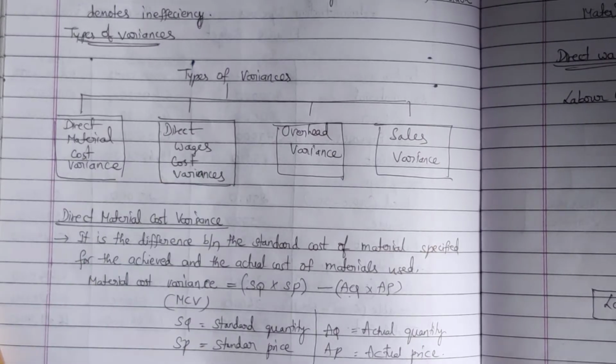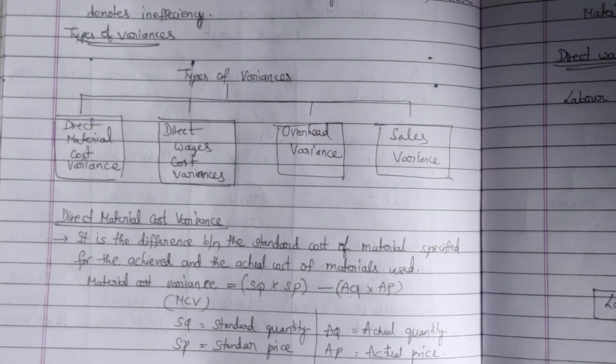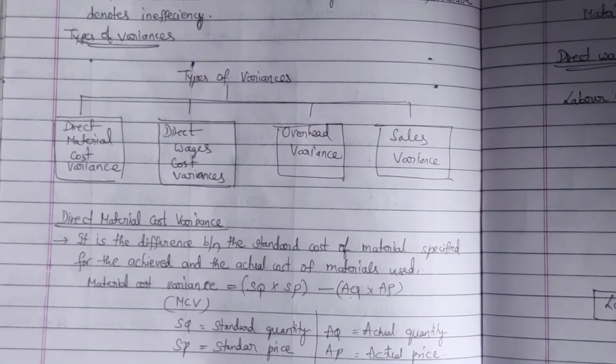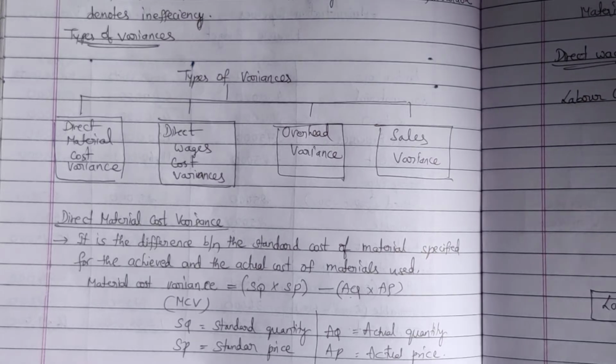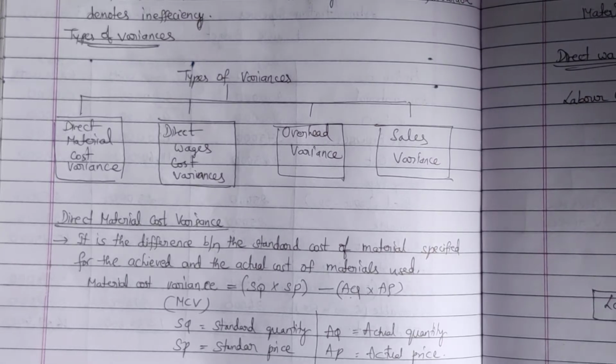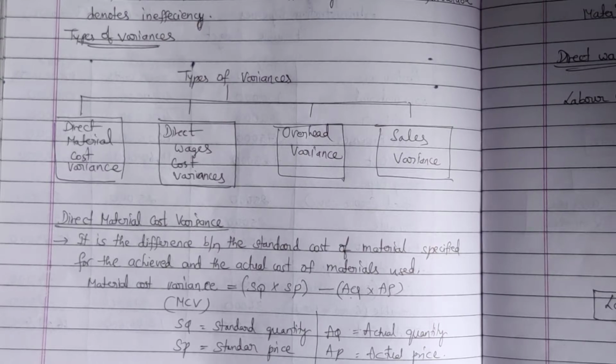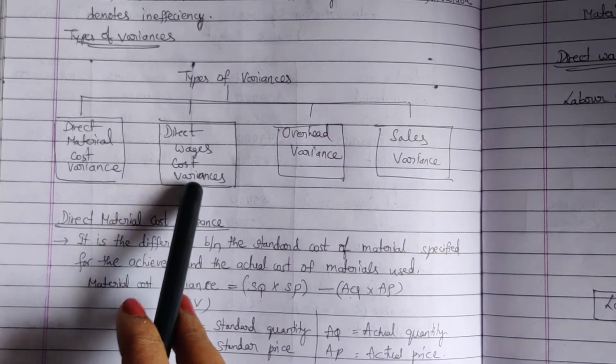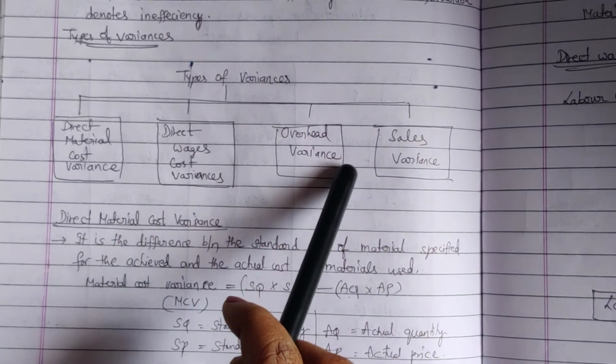And the direct wages cost. To produce the products, we need to make use of some employment also. So for those workers, how much we are paying to produce that product. That is the direct wages cost variance. And overhead variance.